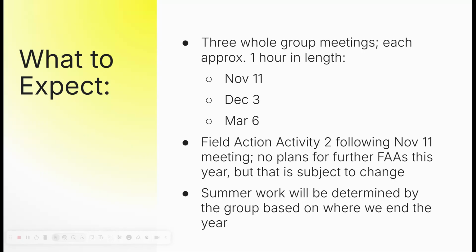And the second one I will ask you to complete following our November 11th meeting. There will be no plans for any further field action activities this year, but of course that's subject to change just depending on how the work progresses this year. And any summer work that we have will be determined by the group based on where we finish this year.